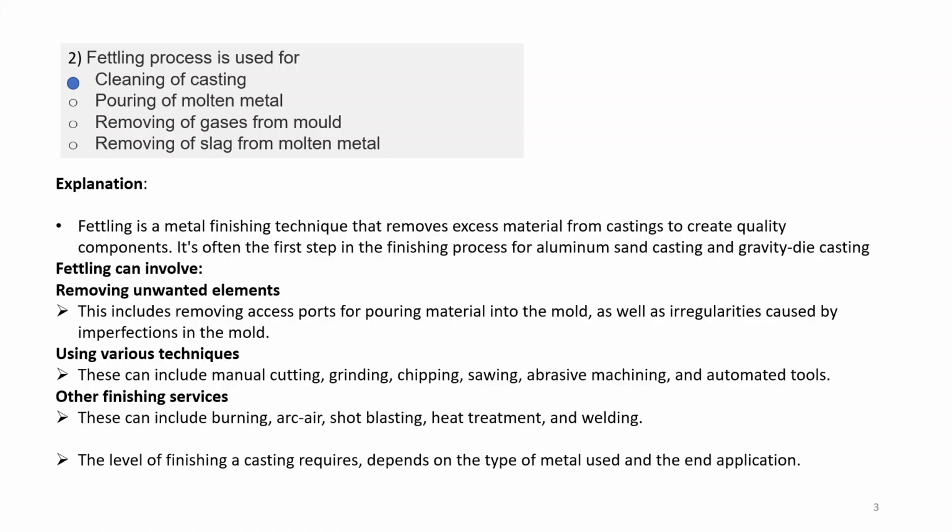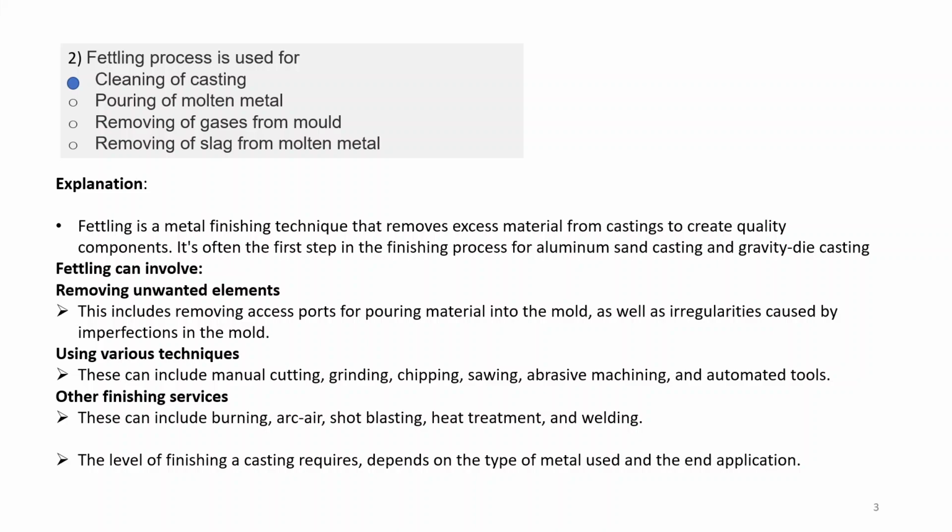Answer will be cleaning of casting. So fettling is a metal finishing technique which removes excess material from castings to create quality components, and it's often the first step in the finishing process for aluminum sand casting and gravity die casting.